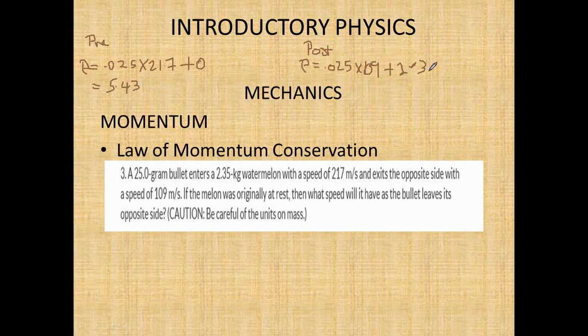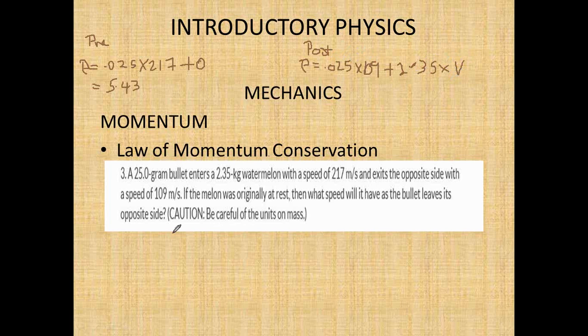So the mass of the watermelon, 2.35 kilograms, times the velocity that the watermelon gained, call that V. So the post-collision momentum is the mass of the bullet times the velocity of the bullet after the collision, plus the momentum of the watermelon, the mass times the velocity of the watermelon. We want to calculate the velocity of the watermelon.